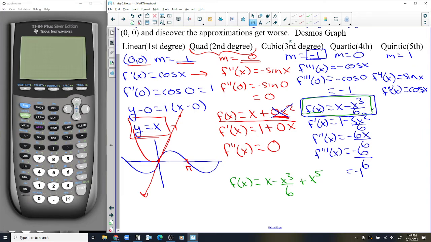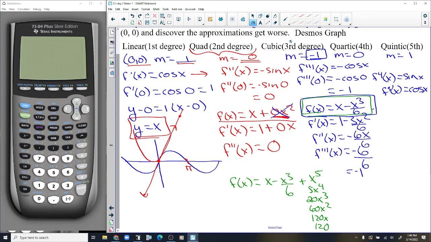But look, there's kind of a pattern going on here. If I take the fifth derivative, I would get 5x to the fourth. There's the first, second, third, fourth, fifth. But isn't that 5 times 4 times 3 times 2 times 1?